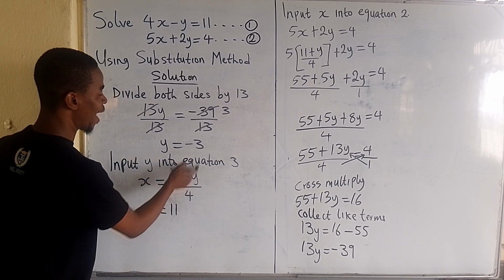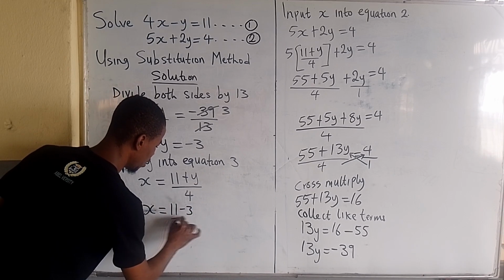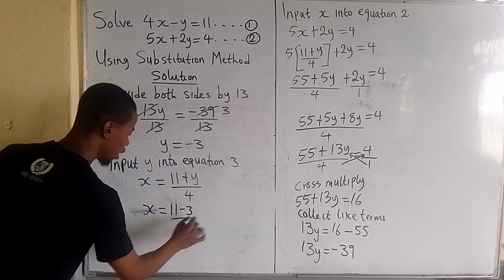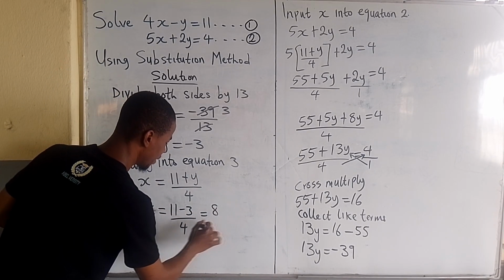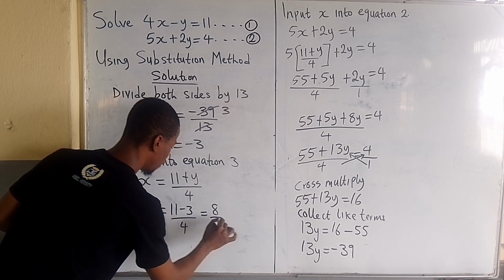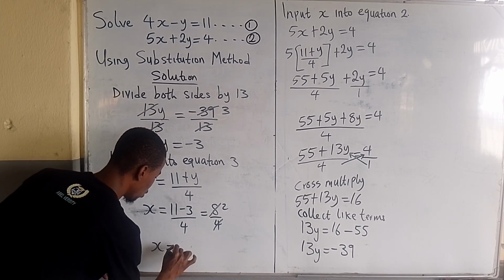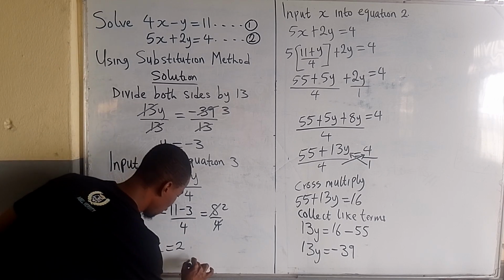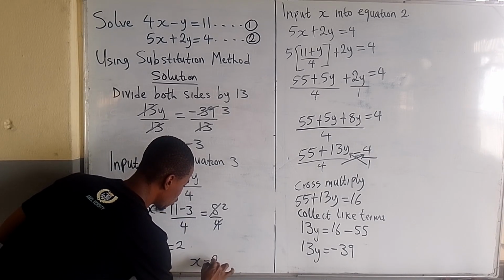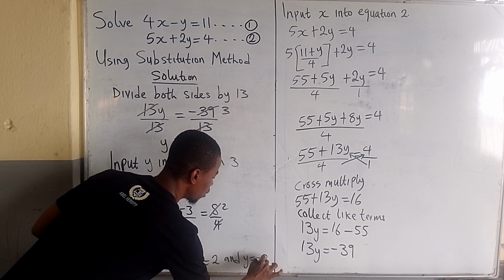And we know that y was negative 3. So this becomes 11 minus 3 all over 4. 11 minus 3 is going to give us 8 over 4. 4 goes here, 2. So our x equal to 2. So with this, we have gotten the value of x as 2 and y as minus 3.